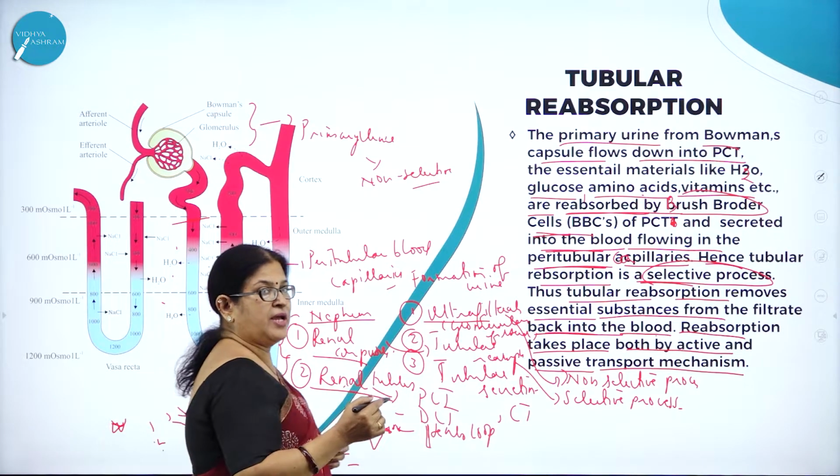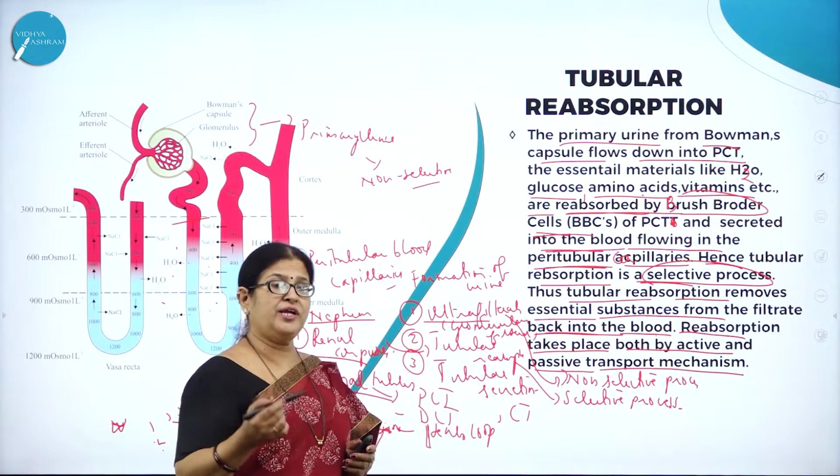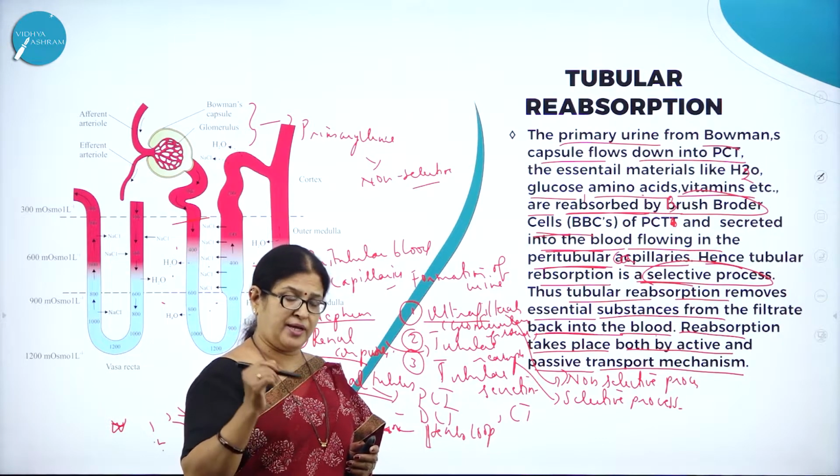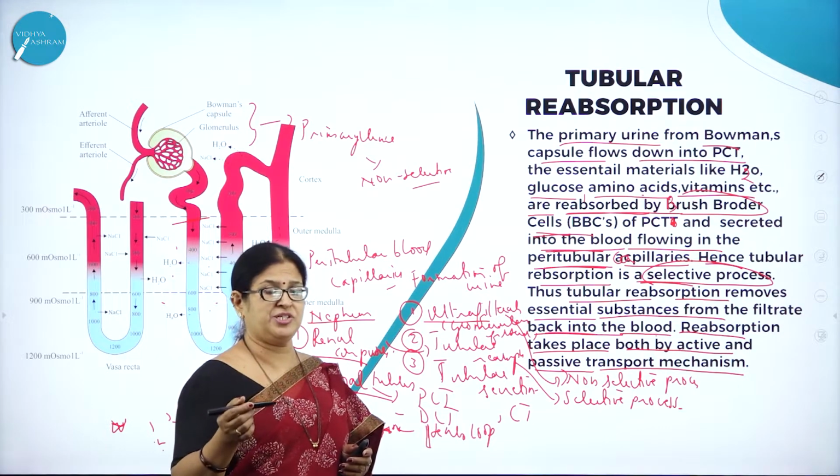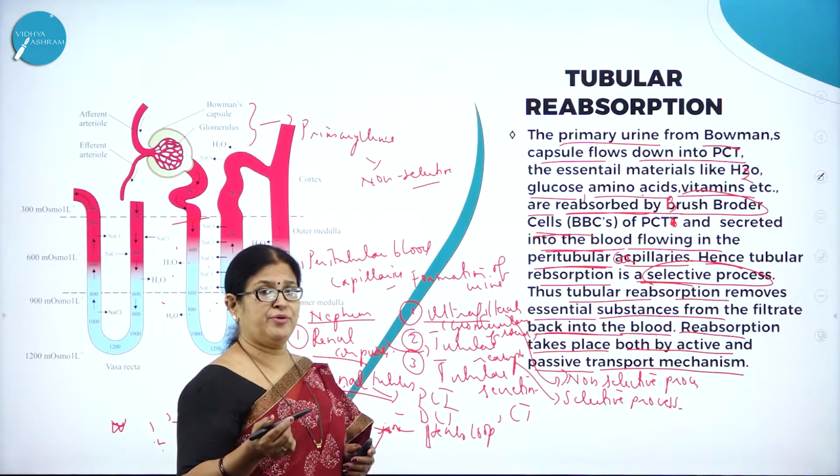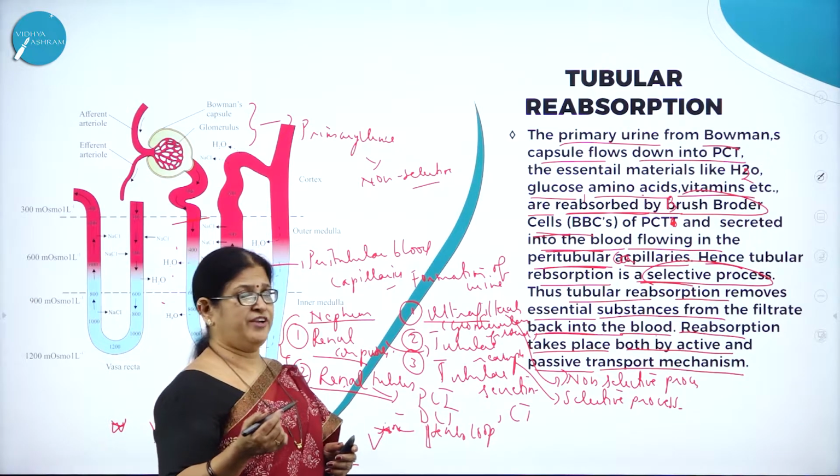That is the reason blood is not only involved in carrying unwanted substances for elimination, it also carries very important nutrients which are needed for body functioning.